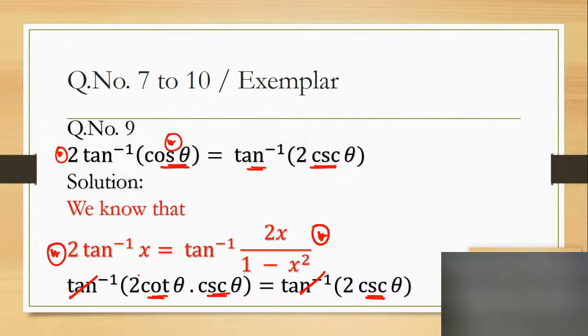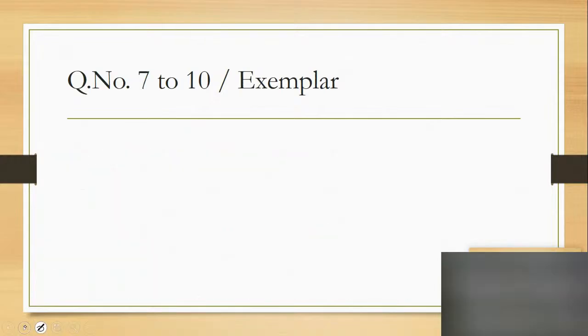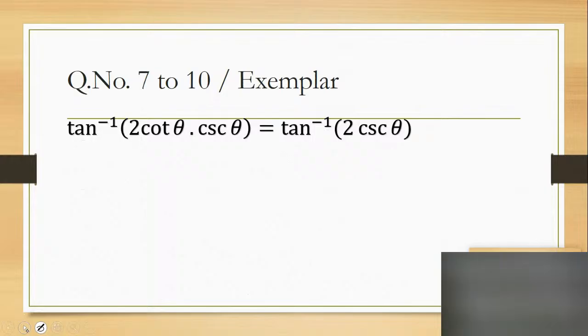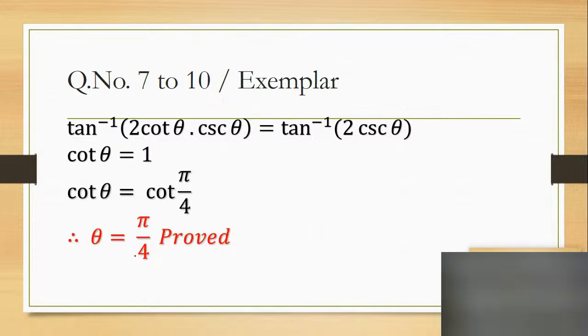This one cancelled out, this one cancelled out, this one cancelled out. Then we get cot theta equal to 1. The value of this one is pi by 4. So we prove here theta equal to pi by 4.